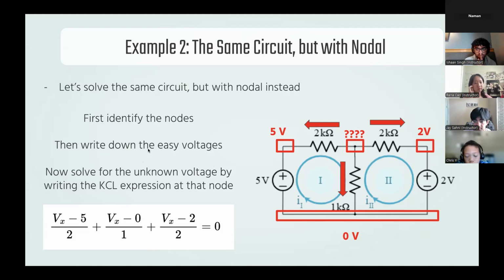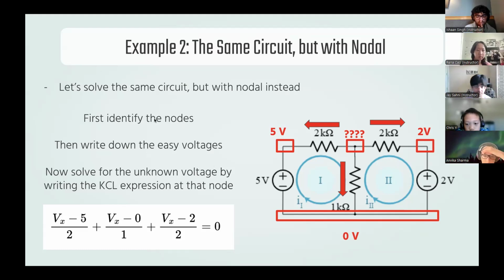Student: Basically, just for understanding, for the first part, Vx minus 5 divided by 2, you're subtracting the voltage and dividing by the resistor value, and then you're adding all of the directions and that equals 0 because of KCL, right?